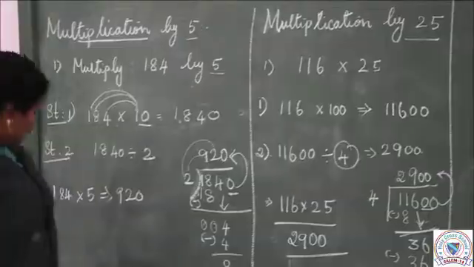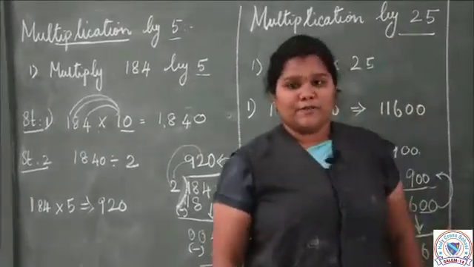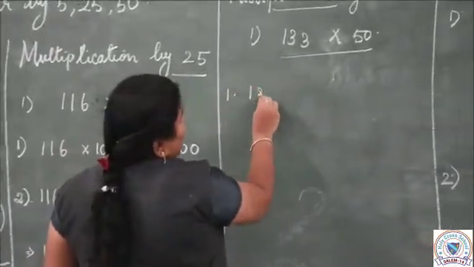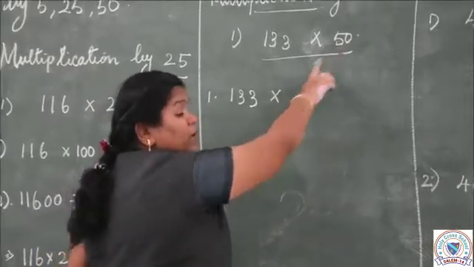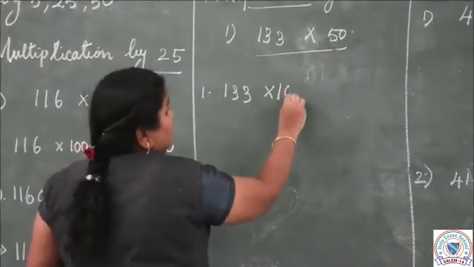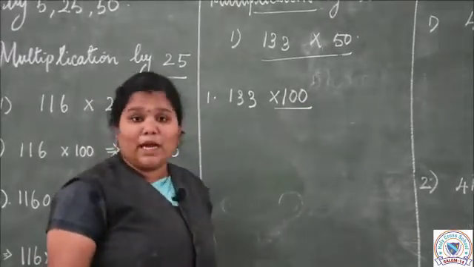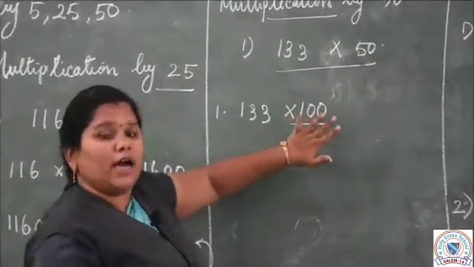Next we are going to do multiplying by 50. 133 should be multiplied by 50. As a first step, 133 into 100. First multiply by 100. Why are we multiplying it by 100? Because 50 is also a factor of 100.